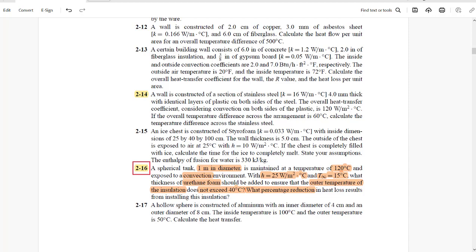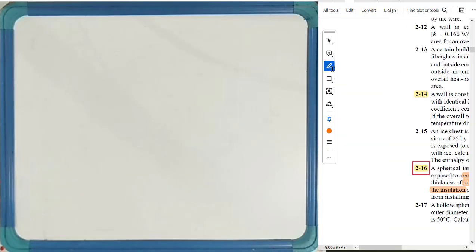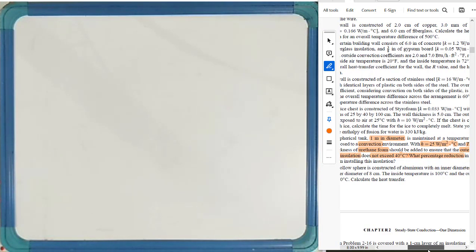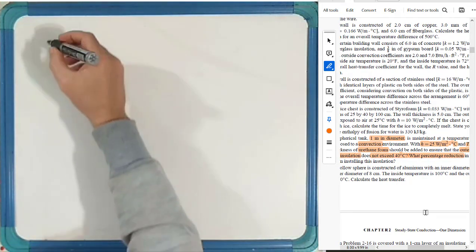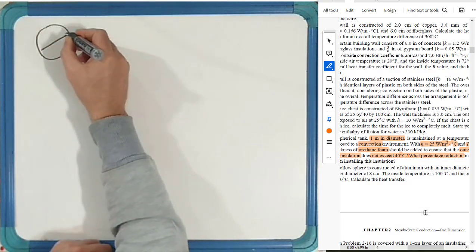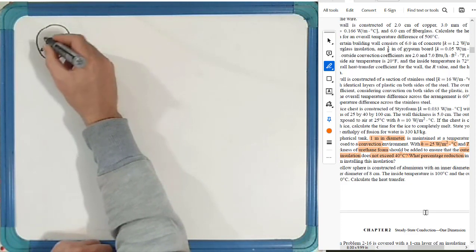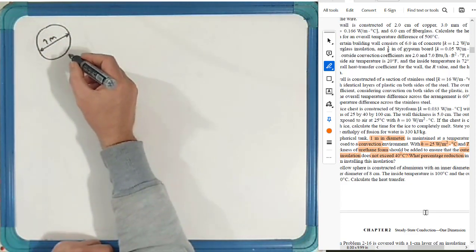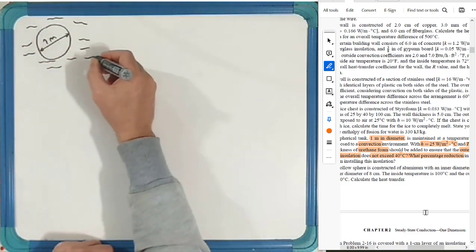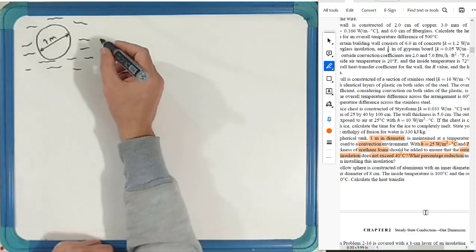Okay, let's solve this problem together. First I want to draw a picture of this sphere, whose diameter is 1 meter, and it is put into a convection environment.